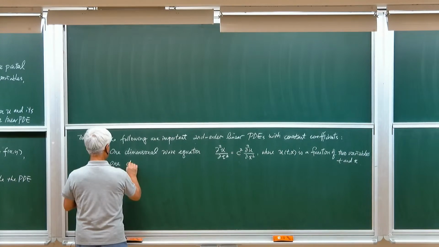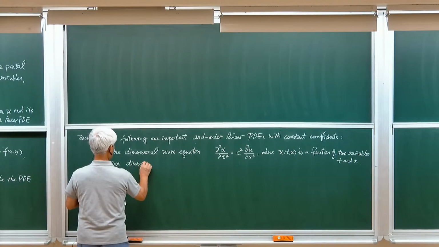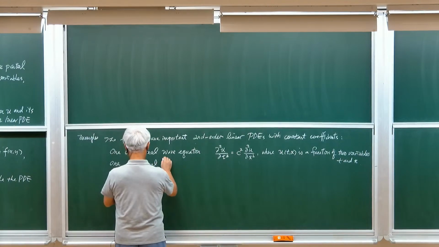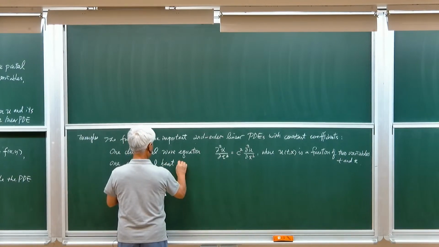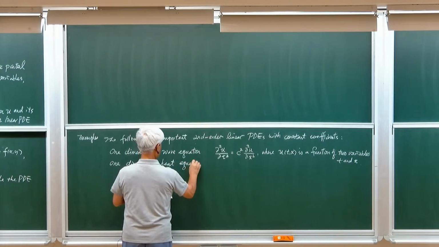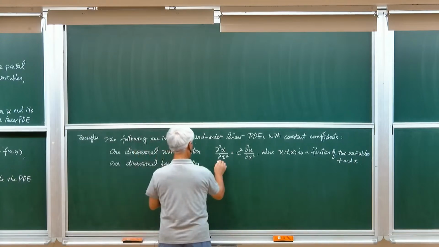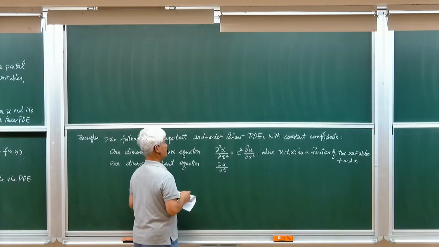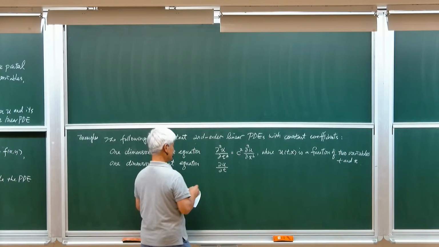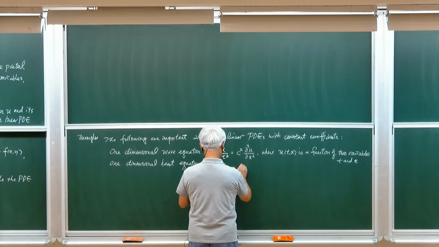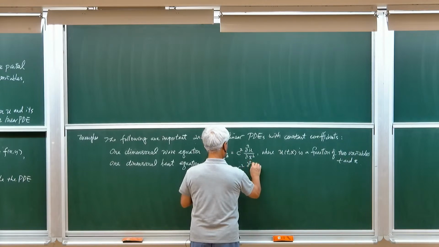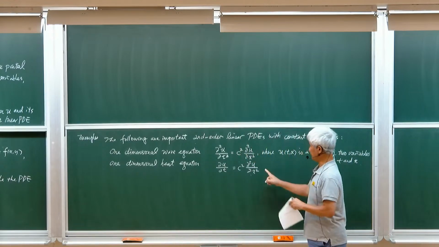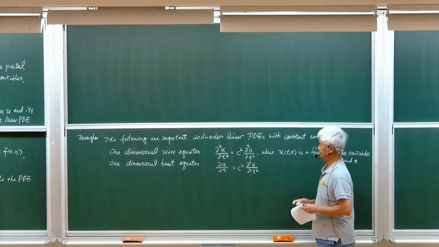The one-dimensional heat equation. Right? So this is the first order partial derivative of u, and this is the second order partial derivative of u here. Okay.